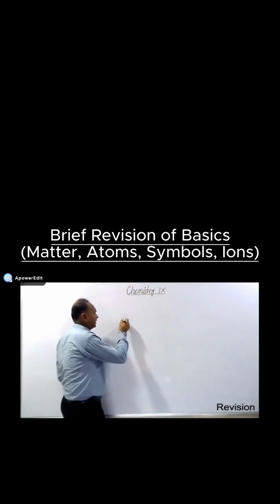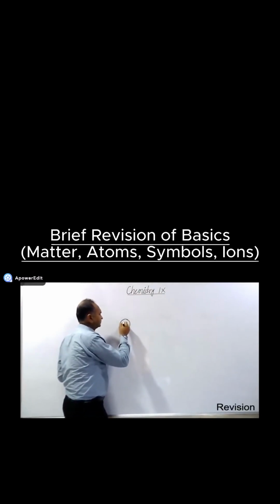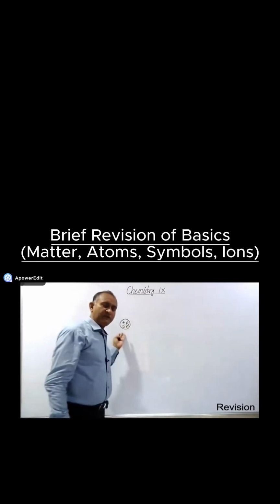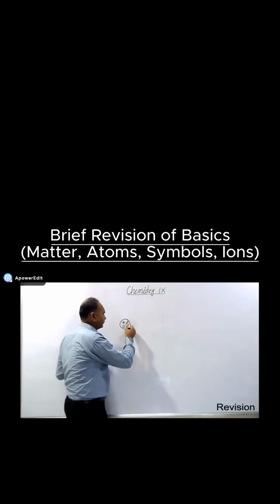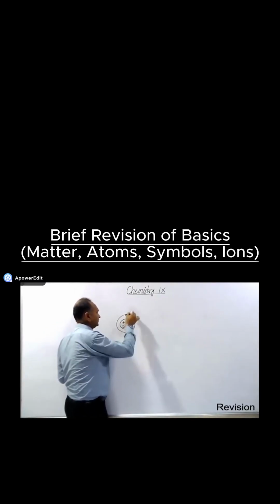Suppose we have an atom in which we have 4 protons, okay, and 5 neutrons. We have an atom, this is the nucleus. It has 4 protons and 5 neutrons, and some electrons are revolving around it.